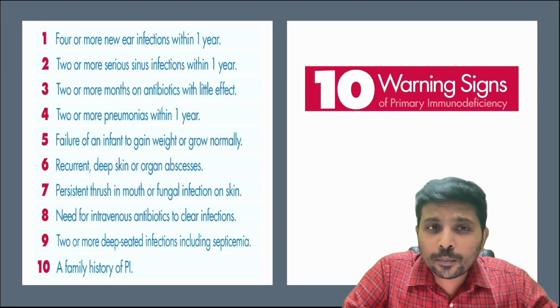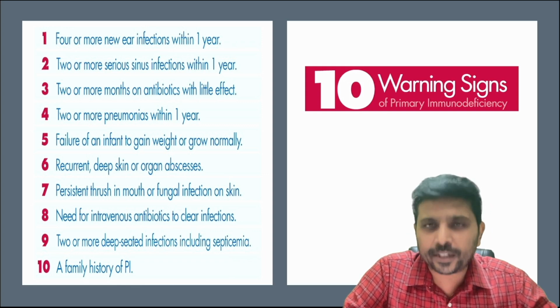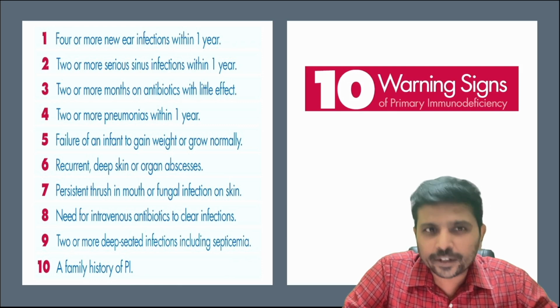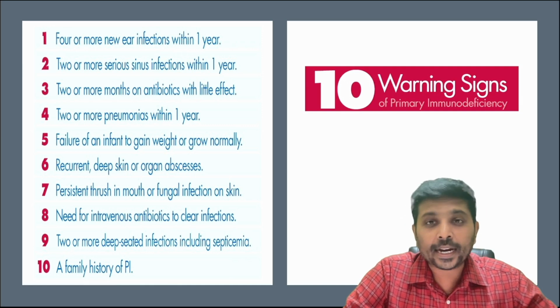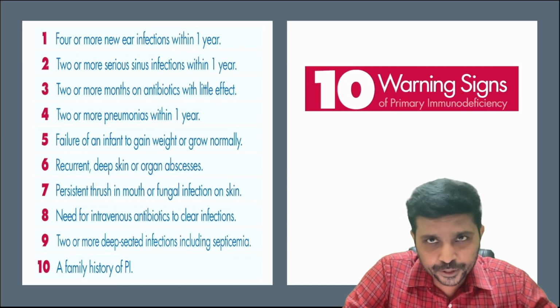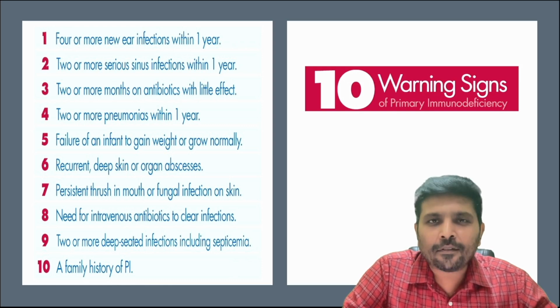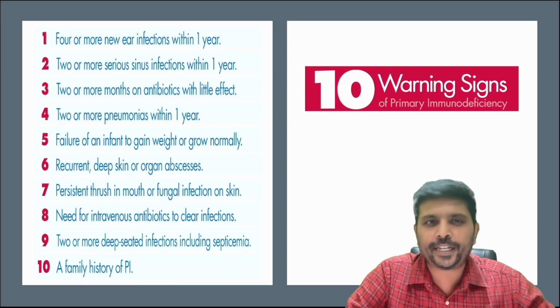Second: 2 or more serious sinus infections requiring admission within a year. Two or more months of antibiotics within 1 year, 2 or more pneumonias within 1 year, and recurrent deep-seated abscess. Any abscess involving liver, spleen, or brain warrants an investigation towards inborn errors of immunity.